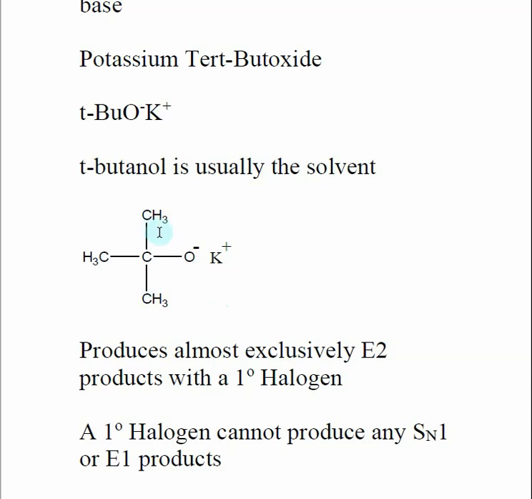So when I use a primary leaving group and use this base, it's going to put sterics into my reaction such that I can get an E2 reaction. Normally with primary halogens, there's so little sterics that my reaction tends to go SN2 unless I use my big bulky base. The big bulky base puts sterics into the reaction. This allows my reaction to go E2.